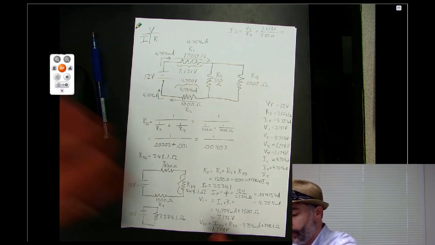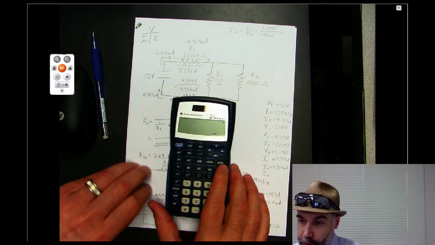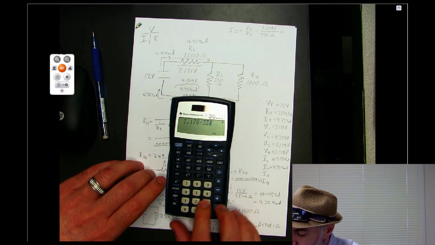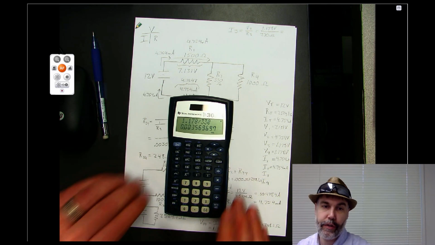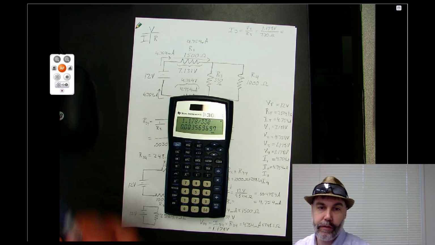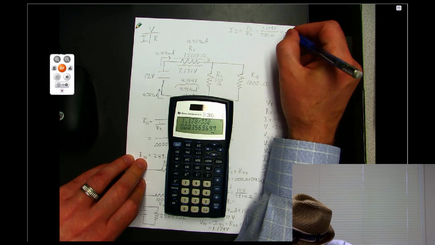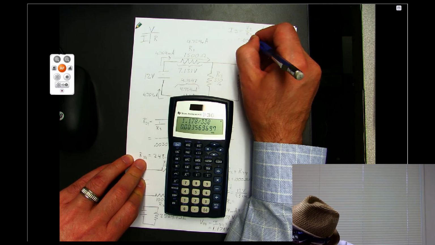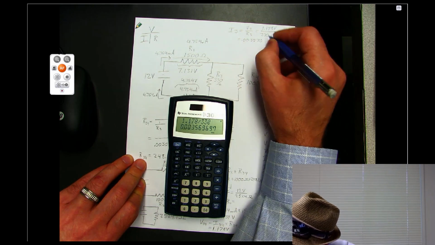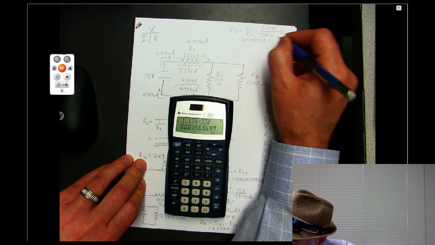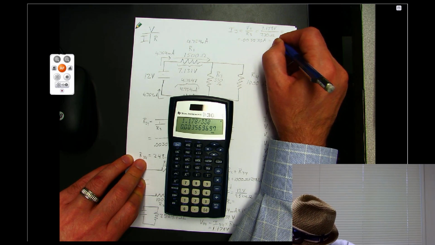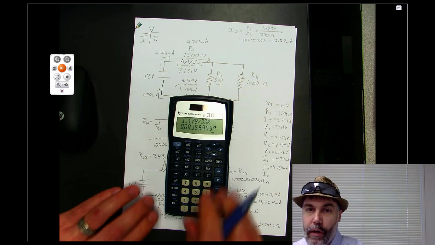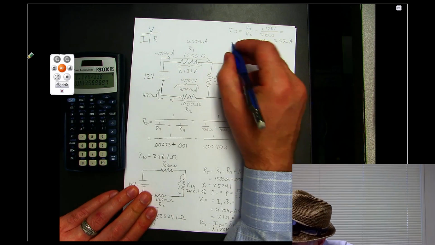So we can do that on the calculator: 1.178 divided by 330. That gives us 0.003570, and that comes out in amps. So we can convert that to milliamps, and that's 3.57 milliamps. Okay?